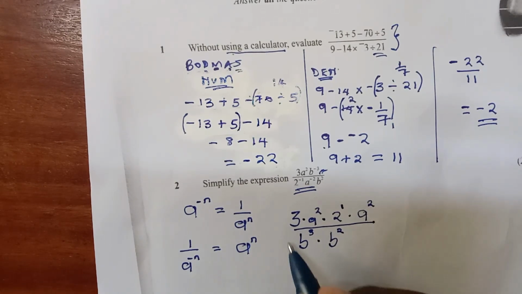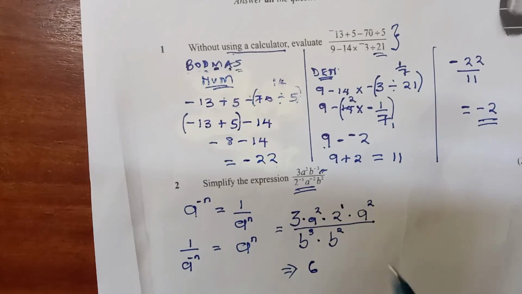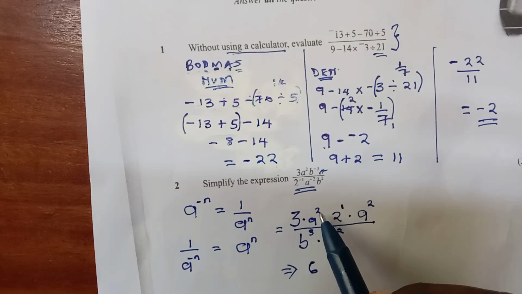Now going ahead, this implies that the above can be simplified, so it is going to be 3 multiplied by 2, which gives us 6. Then a raised to the power of 2 multiplied by a raised to the power of 2.